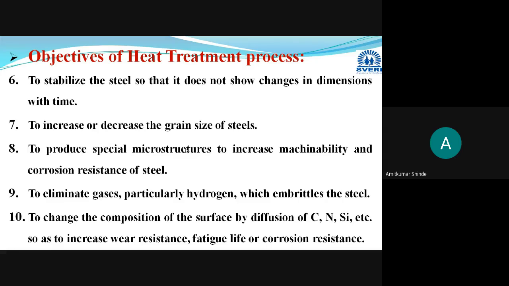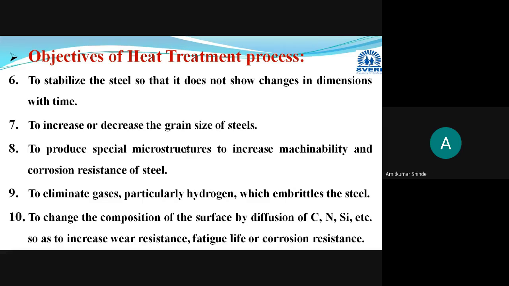With the help of heat treatment processes, you can change the phases present in the microstructure of a particular material, and as the phases change, their properties will change. All this can be achieved with heat treatment only.